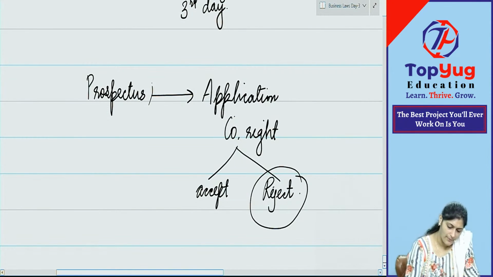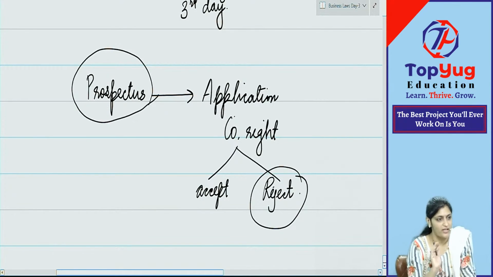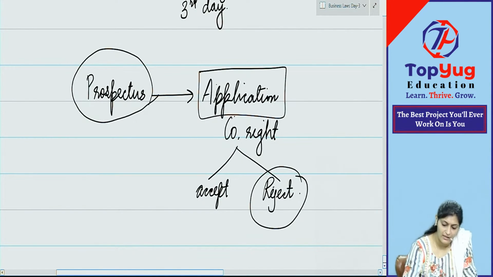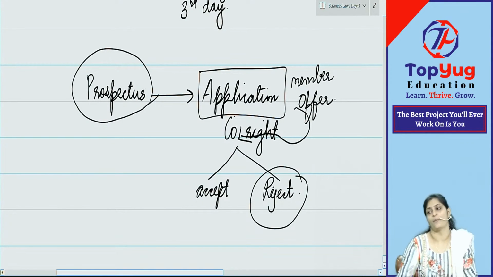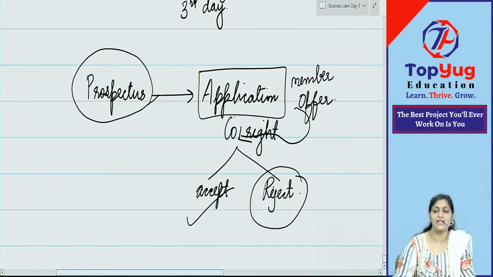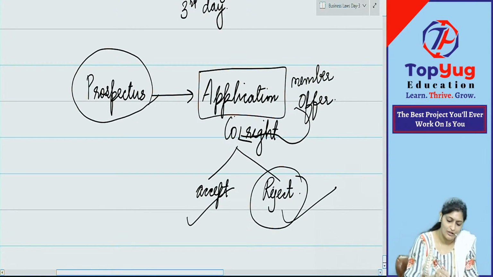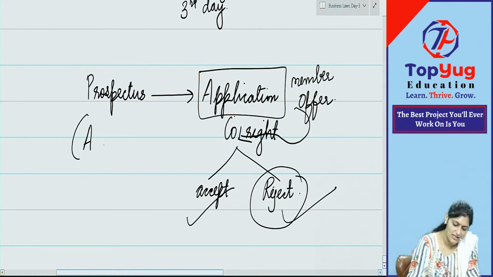Now, in this case, whatever the prospectus was, was that an offer? That was not an offer. An application made by any member is considered to be an offer. Who is going to accept that offer? The company, by accepting or rejecting the application. So this prospectus is nothing but an advertisement.